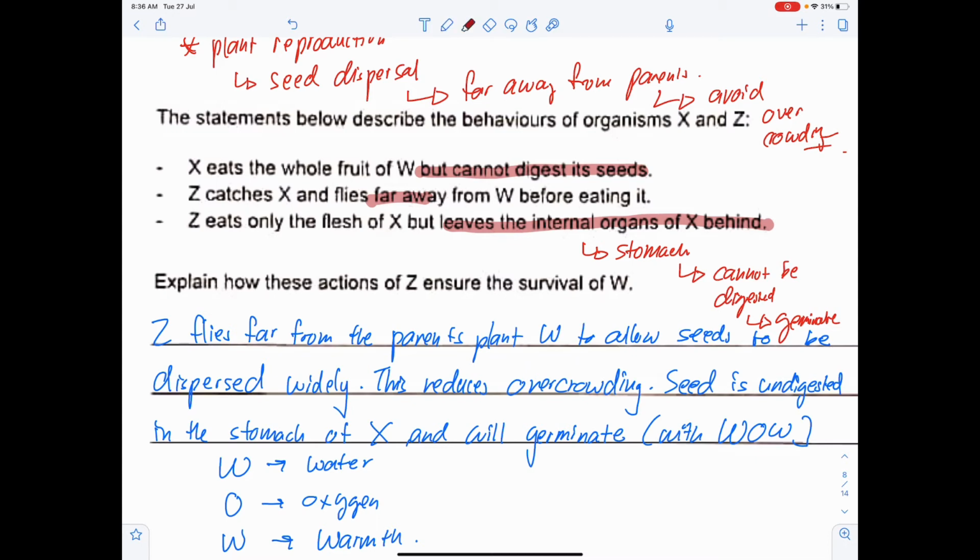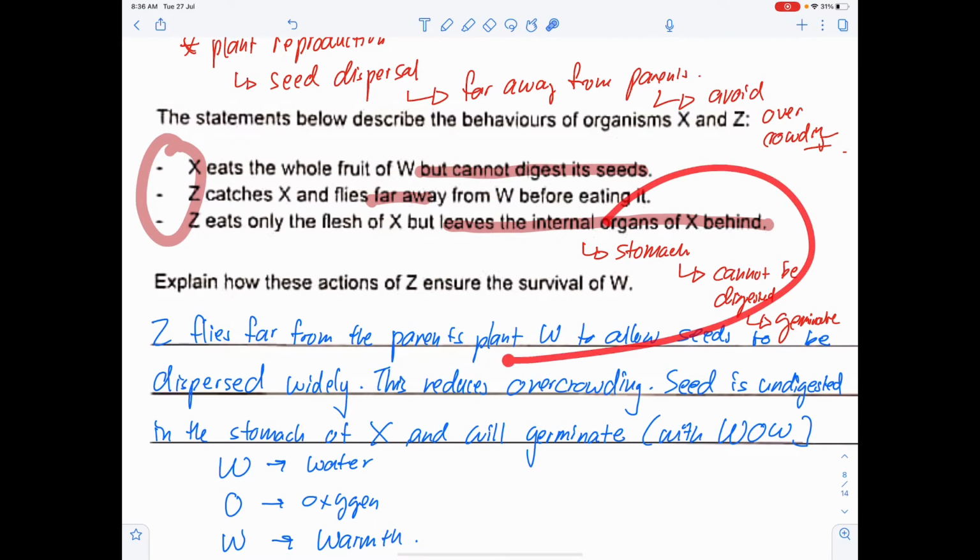So you use information here and then you apply it. So if you really want to see how it is being applied, cannot digest comes under here. Flies away comes under here and disperse. This part is about being in your stomach.